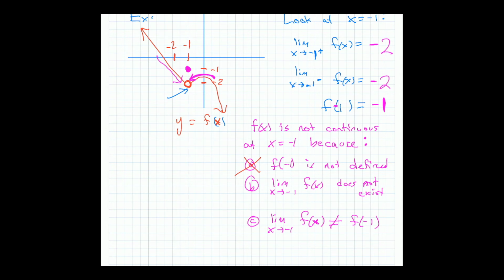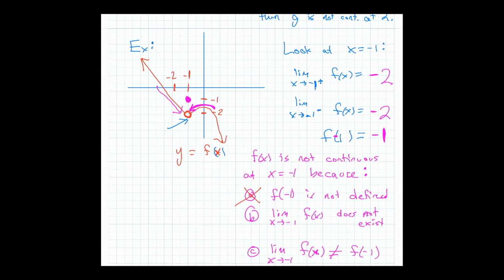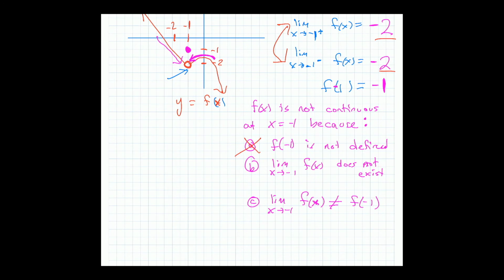Option B says the limit does not exist. Well, the two one-sided limits gave us the same number, so the two-sided limit does exist. It's -2, right? That's the answer we got twice. That's the answer for the limit. So this is wrong as well.